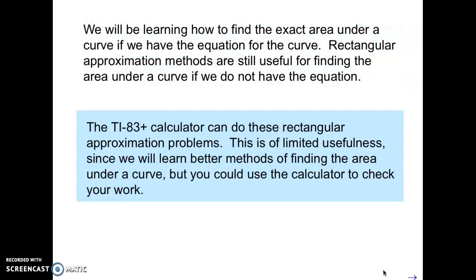The calculator can do these rectangular approximations also. This is of some usefulness for us since we'll learn better methods to find the area underneath the curve, but we could always use our calculator to check. And when we're in class, I will be talking to you about how to do these things on your calculator.